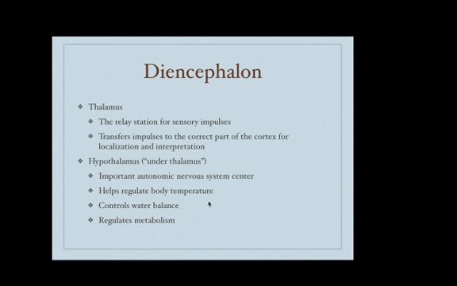And so this little list of the hypothalamic functions are the result of the hypothalamus interacting with the pituitary. So it can help control body temperature, control water balance, regulate metabolism based on which hormones it's telling the pituitary to release.